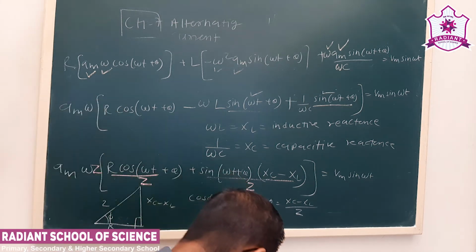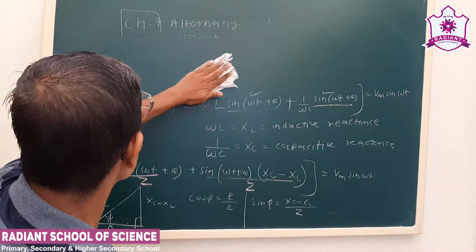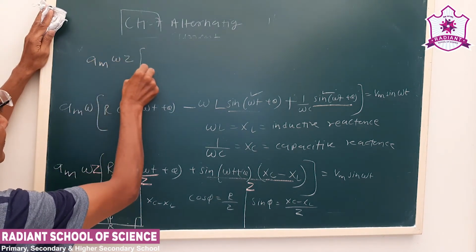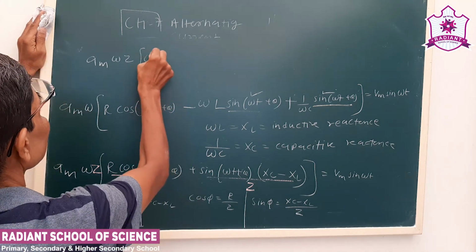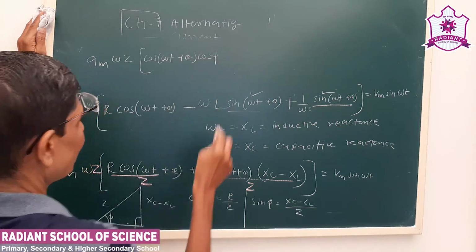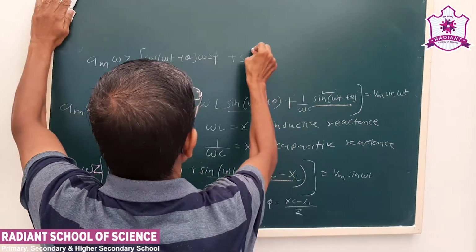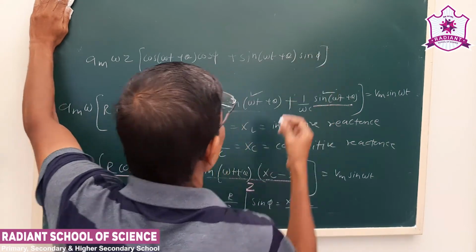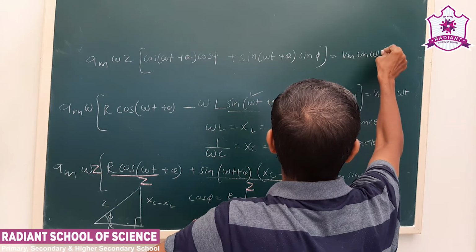Now we have to rearrange the terms. It has become qm omega Z, where R upon Z is cos phi, plus sin phi, is equal to Vm sin omega t.